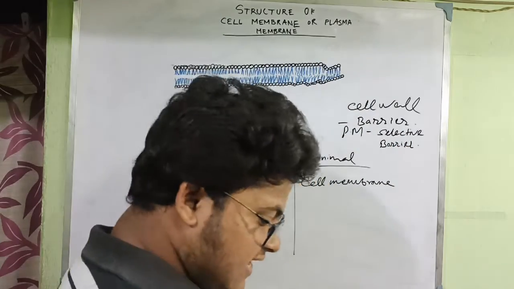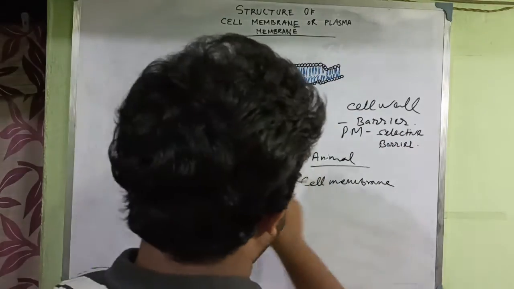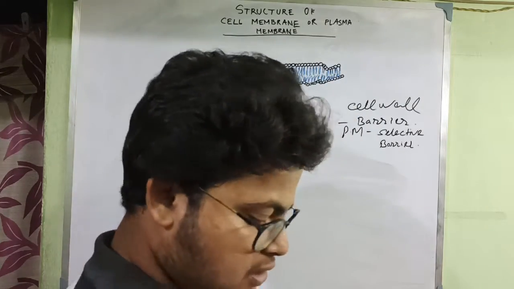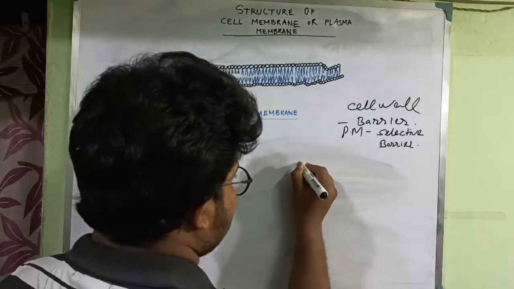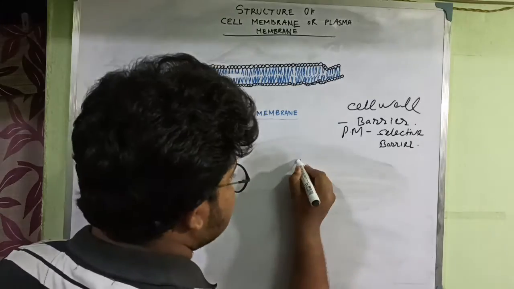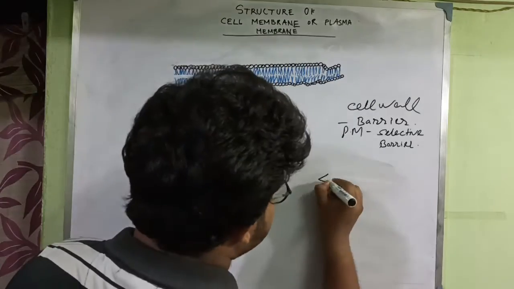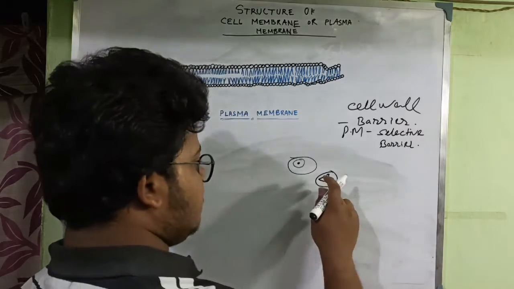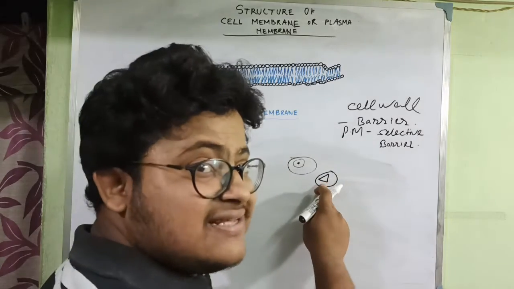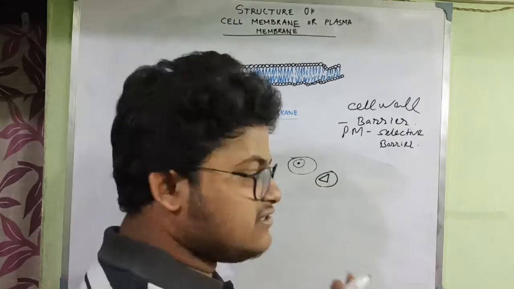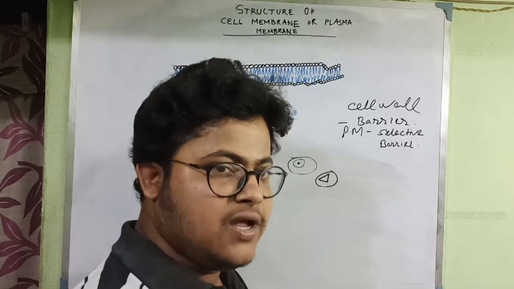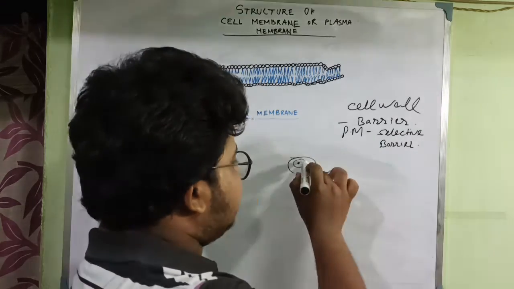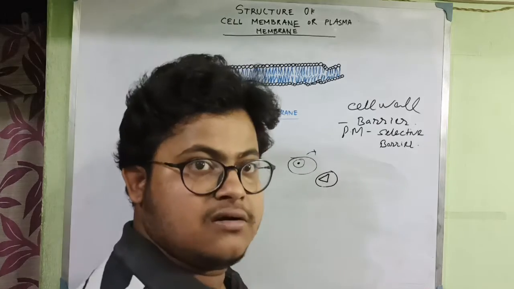So what is a selective barrier actually? Assume that this is a molecule, and this is also a molecule. This molecule is needed by the cell and this molecule is not needed by the cell. If you talk about the size of these two molecules, this molecule is smaller compared with this bigger molecule. The plasma membrane has some pores.